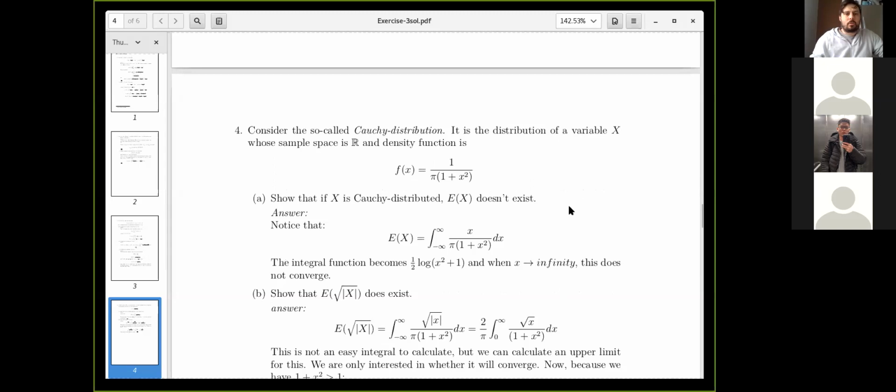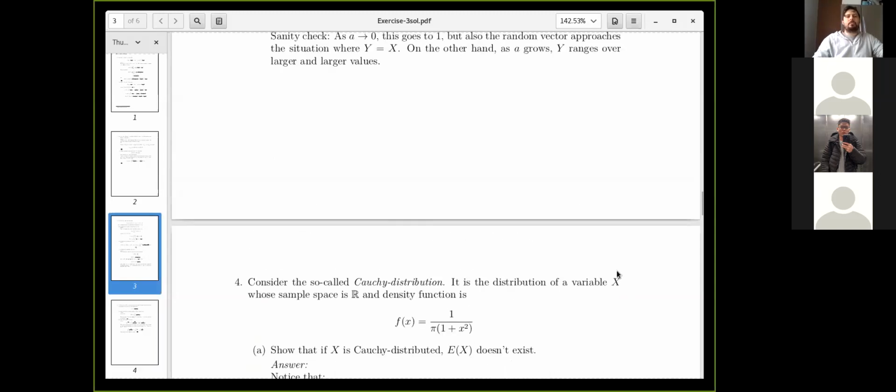Number 4, we have this so-called Cauchy distribution. This was fairly simple. We just have to show that if X is Cauchy distributed, then it doesn't have an expected value. You might think that this is completely ridiculous, the Cauchy distribution.